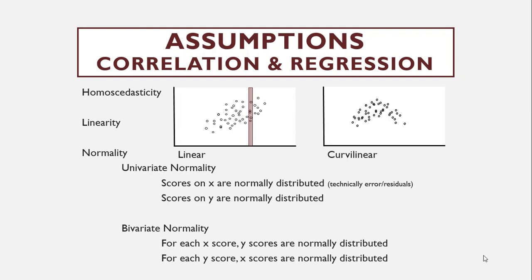What do the Y scores look like within that data? I should see that most of them occur close to my predicted value, and I should see that some of them occur away from that. But I should basically see if I take a slice at this point that there's a normal curve of y scores at this point on x, and that should happen at every single point on x.